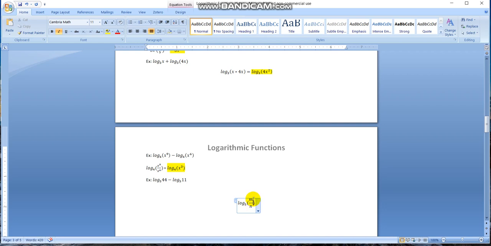M is 44. N is 11. So we just take that expression. We're just doing 44 divided by 11. So this is the same thing as log base 5 of 4. Okay, and that is pretty much it for this one.